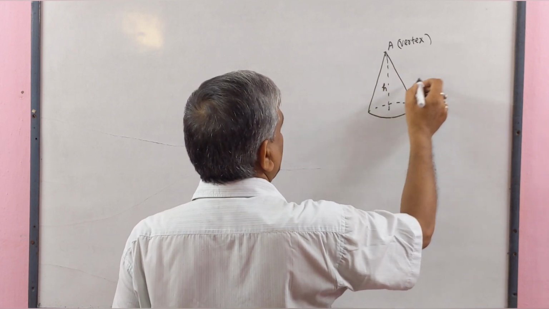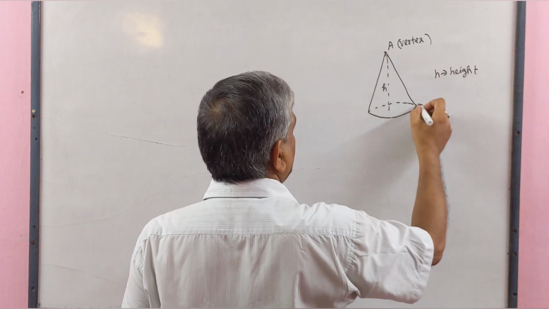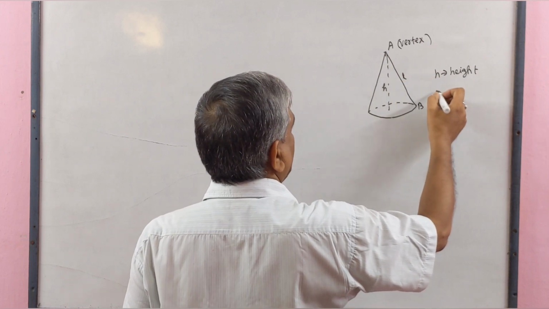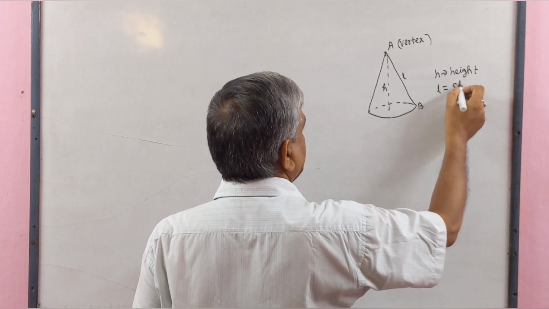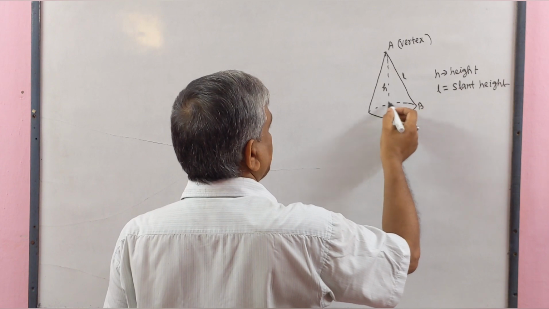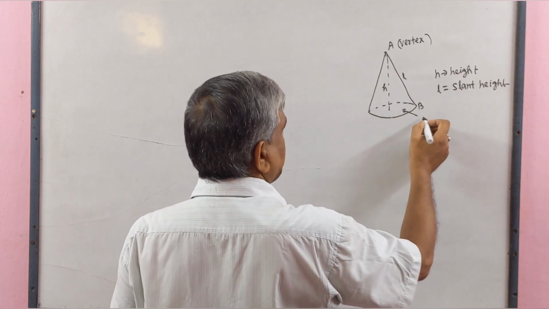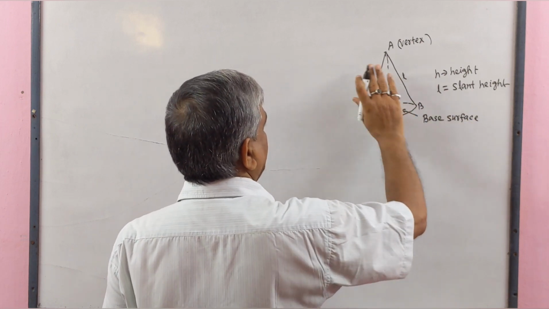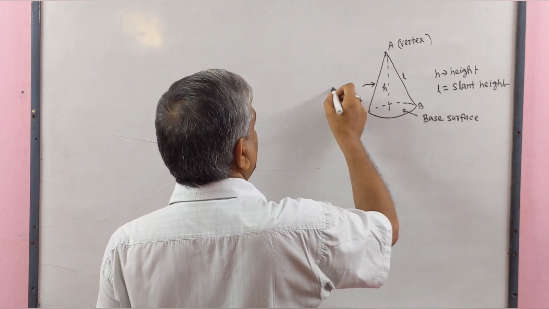H means height, and AB, this is L equal to slant height, and this is the circle. This is base surface, and this part is curved surface.